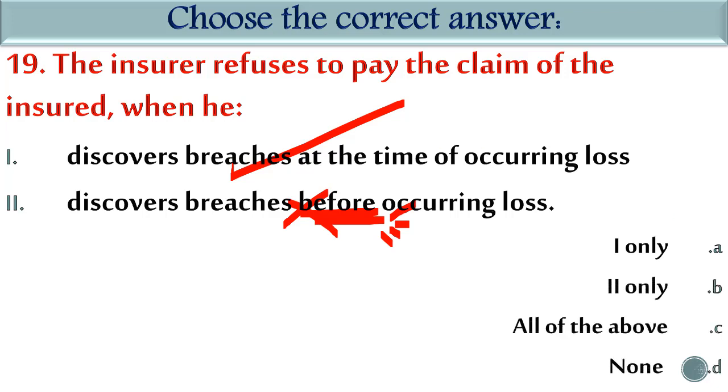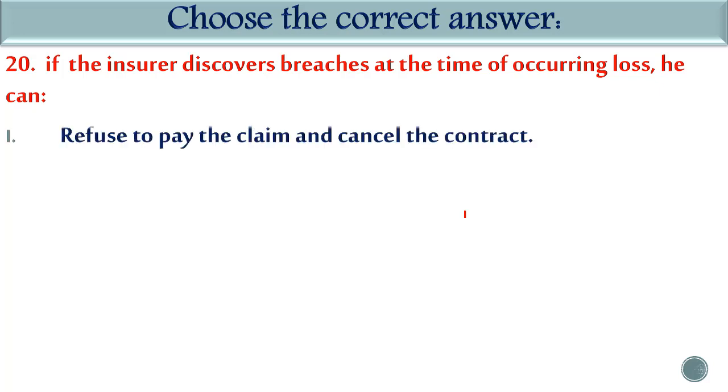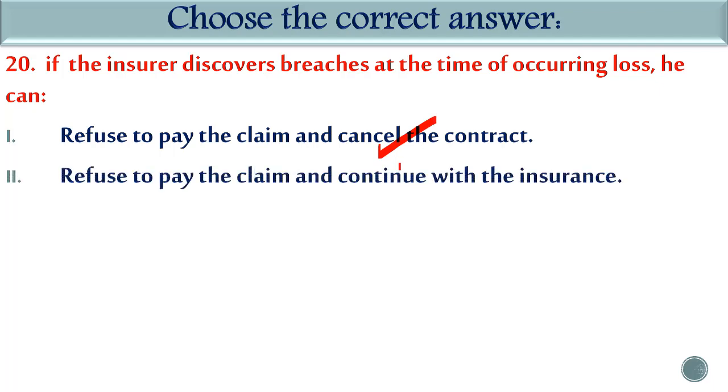Our correct answer is 1 only. The last question: if the insurer discovers breaches at the time of occurring loss, he can refuse to pay the claim and cancel the contract. It's true. Refuse to pay the claim and continue with the insurance is also one of these cases.